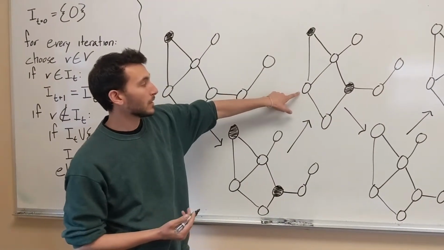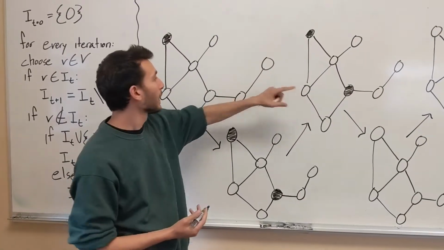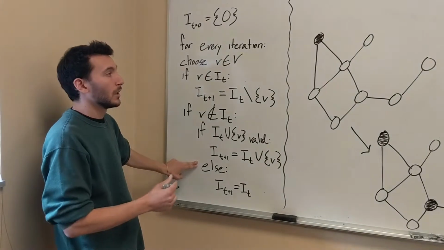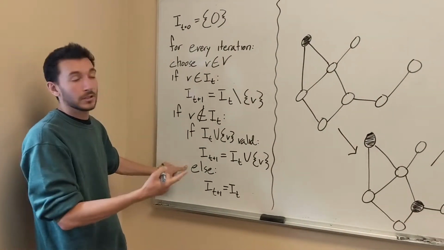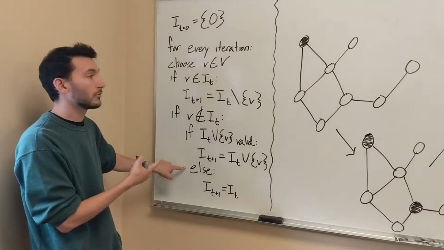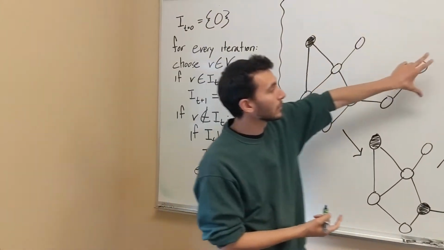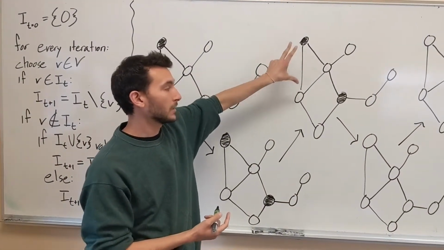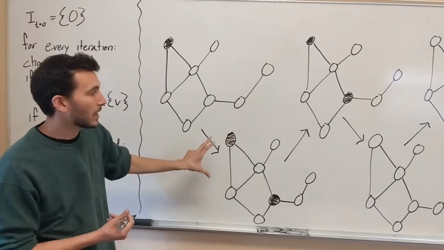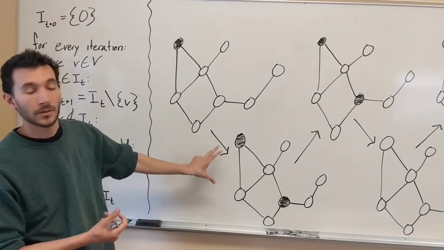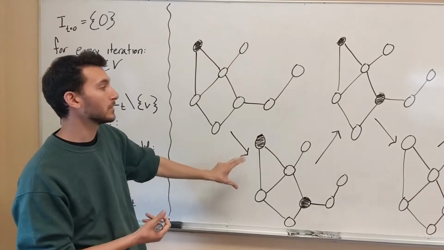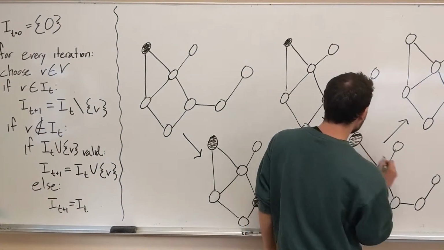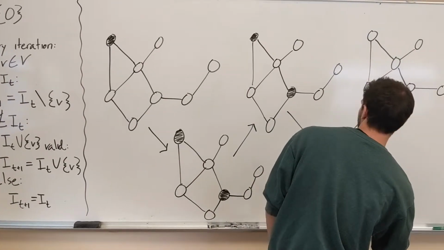Say we choose this vertex here. That is a case right here. Our vertex is not in our current independent set, but adding it would create an edge here. So we can't do that. Our independent set at this t plus 1 just remains the independent set that we started with at the beginning of the iteration.